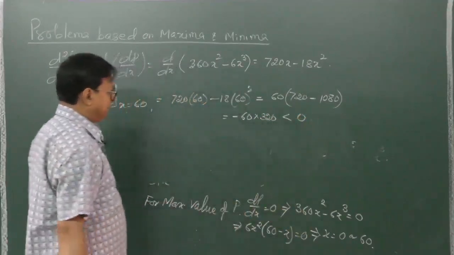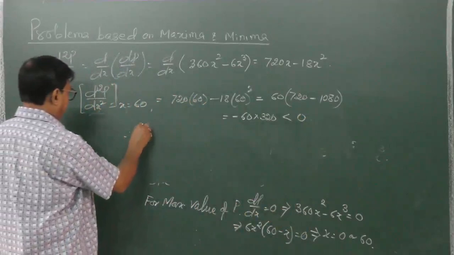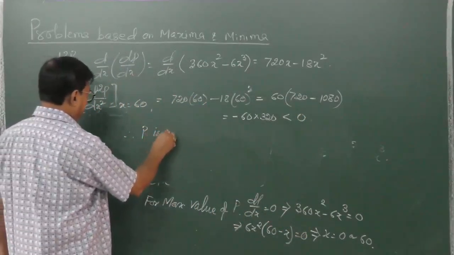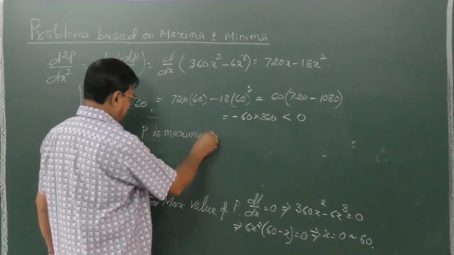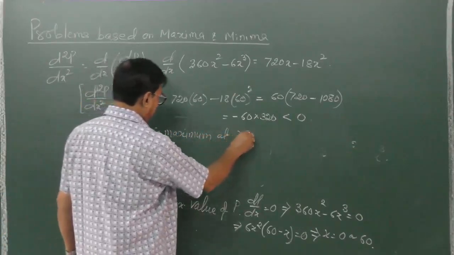So that comes to negative, therefore P is maximum at x equal to 60.